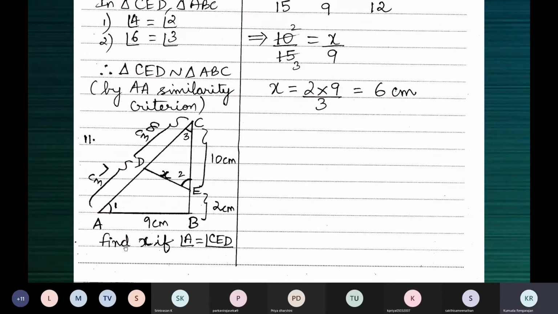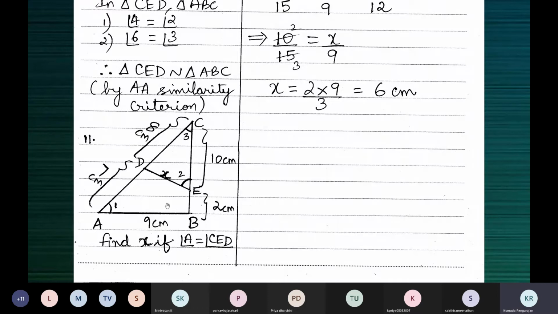So here, children, this figure will be given to you, and you have to find X if angle A is equal to angle CED.